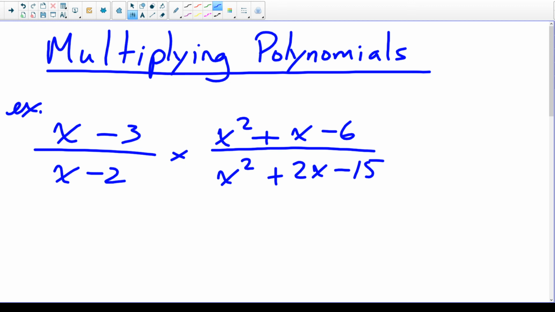But there might be a better way of writing it if we take into consideration that we need to find our restrictions as well. And what I'm heading towards, and I'm hoping you can see it, is we have two quadratics here. Trinomial quadratics. Can we factor those trinomial quadratics? If we do that right away, it's first of all going to allow us to tell what are our restrictions.